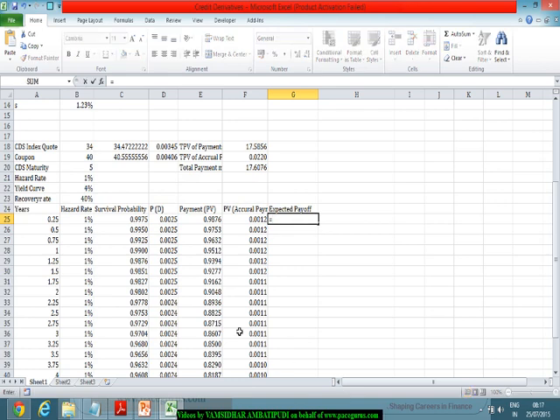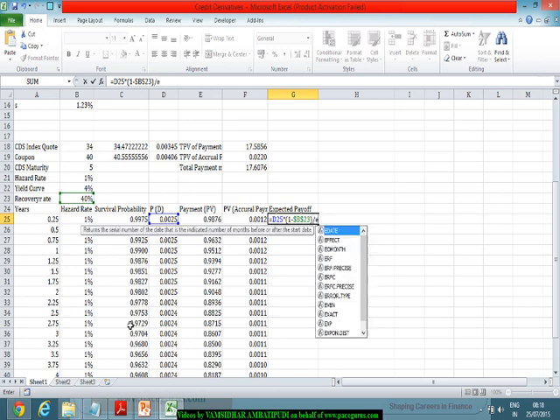So this is the probability of default during this period, and because the default is happening during this particular period, I would get the recovery rate as the payment. So this much payment can be expected, and I have to discount it. This is the payment that is expected.